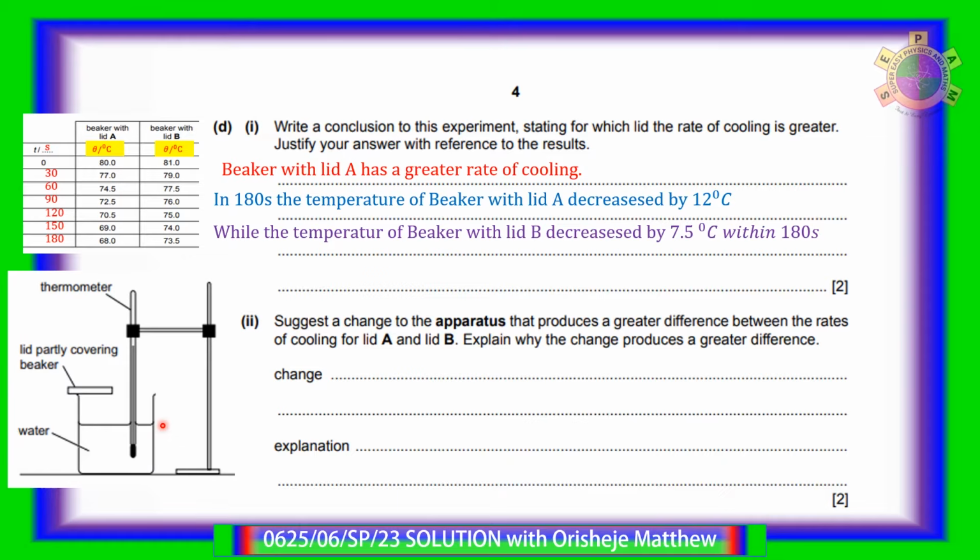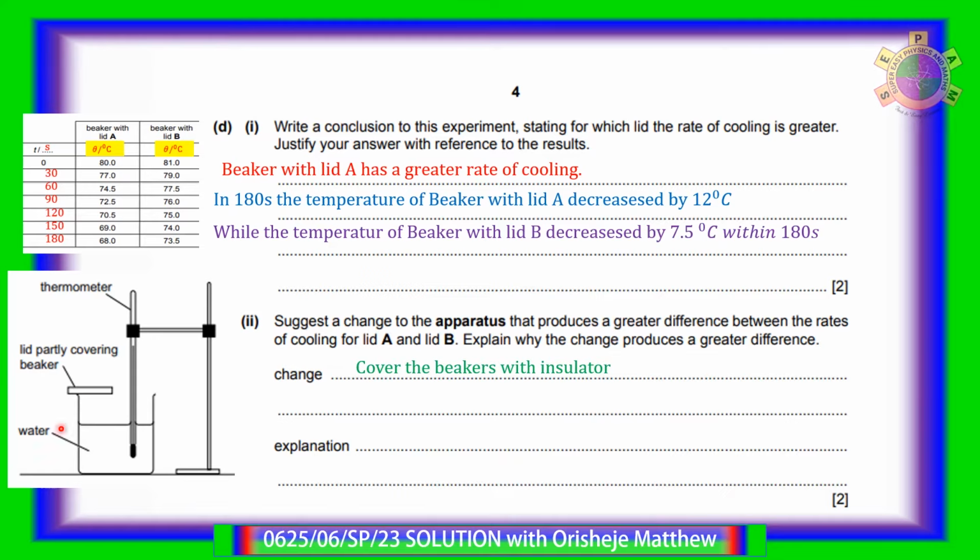So what we need to do is see how we can minimize the heat transfer out of the beaker. If you were to perform this experiment, you would decide to minimize heat loss so that only the evaporation, the open surface, will account for the temperature drop. So cover the beaker with insulator.